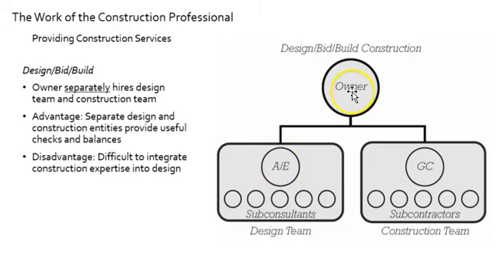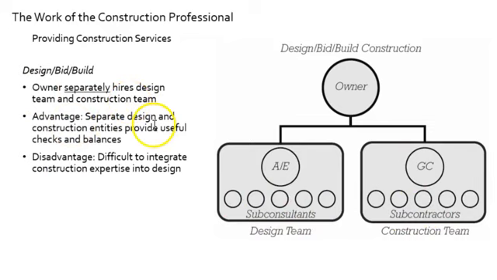And then similarly, on the other side, the owner holds a contract with the general contractor, and all the subcontractors are beneath that person or hold contracts with that person. So the owner has to deal with two people, and those two deal with all of the others, essentially. So that's separately hired, yes.